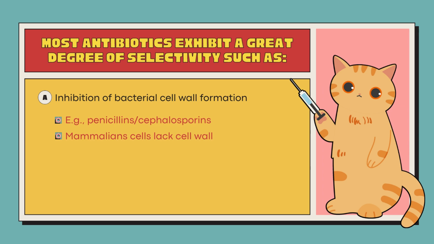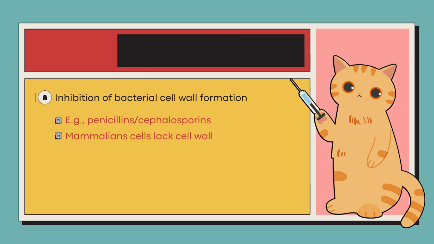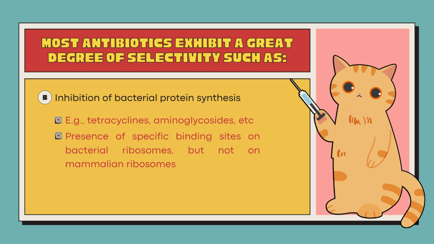In inhibition of bacterial cell wall formation, note that mammalian cells lack a cell wall. Examples of drugs under this are penicillins and cephalosporins. In inhibition of bacterial protein synthesis, note the presence of specific binding sites on bacterial ribosomes but not on mammalian ribosomes.